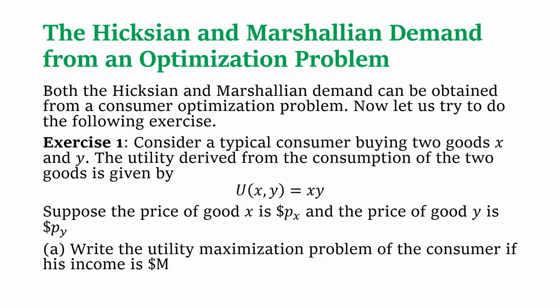We're going to use that tangency condition to obtain the optimal values of x and y. Now let's consider this utility function, u(x,y) equals xy. Clearly, when we look at this utility function, it's a Cobb-Douglas type utility function.